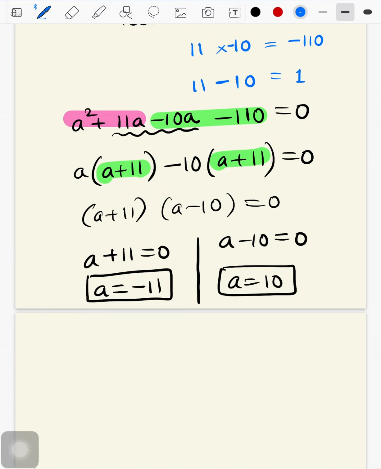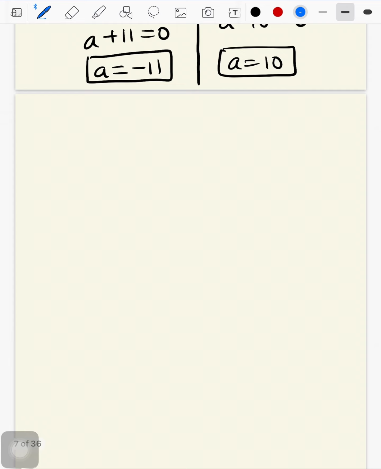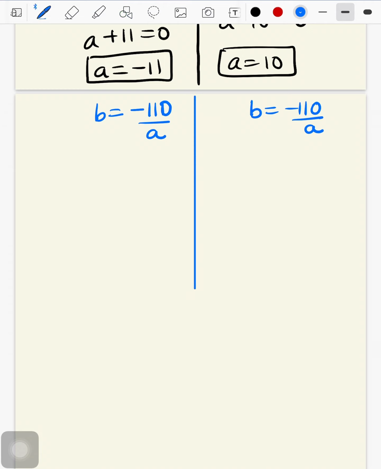Next, we want to find the corresponding values for B. So what is the expression for B? Just now we obtained B in terms of A as minus 110 over A. The same formula I will write here for B, and then we calculate for those corresponding values and get the answer.